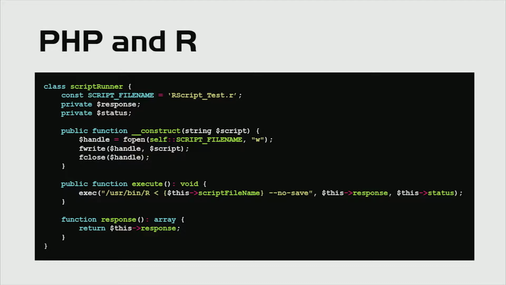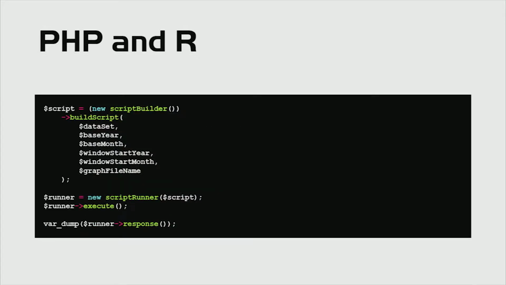So I'm writing the script once the script builder has built it with the values I want to a file, and I'm calling exec to execute that file. And what I end up with is my code that calls all that, builds the script, passes the script to the script runner, executes it, and I'll just dump out the response that I get.